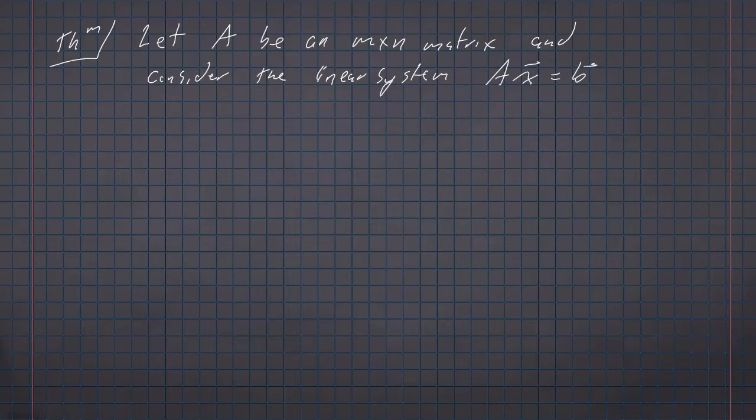Let A be an M by N matrix and consider the linear system AX equals B. Remember, because A has M rows and N columns, that means that we are looking at a system of M equations in N unknowns.